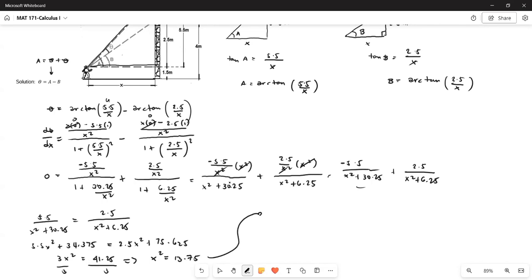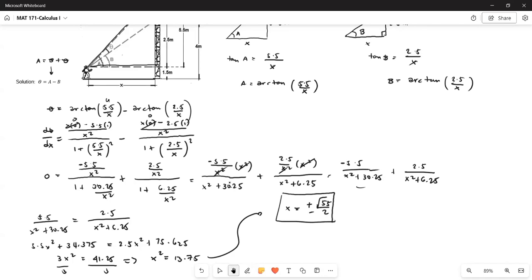O kunin natin yung square root ng both sides, we will have x is equal to positive square root of 55 over 2. Positive or negative. So ito na yung ating x value. O yung distance ng observer papunta sa ating statue.